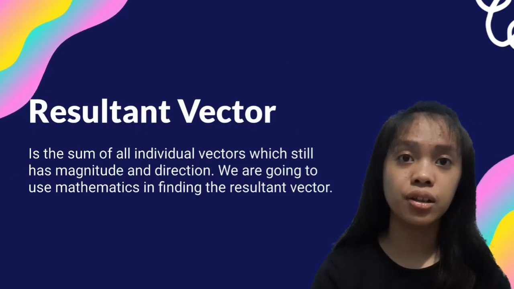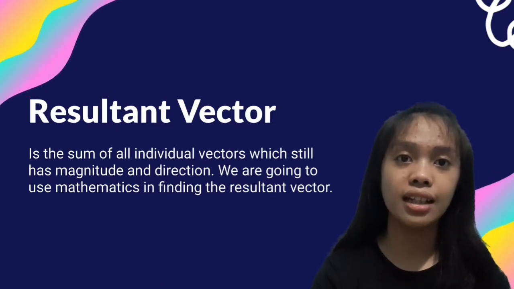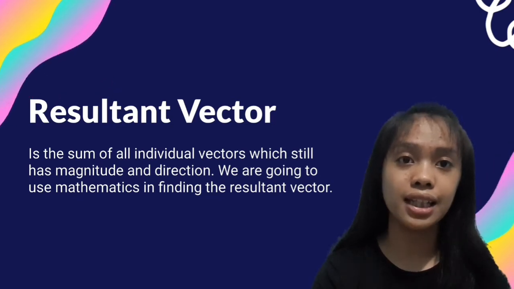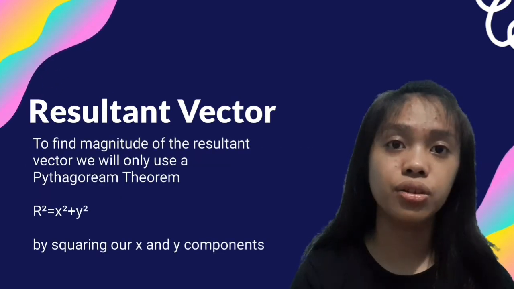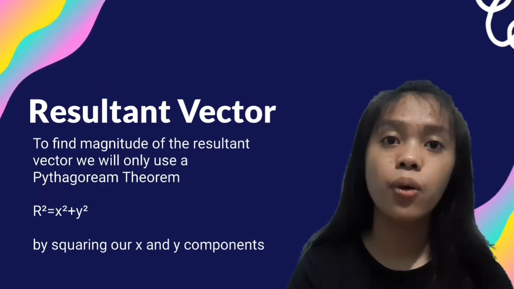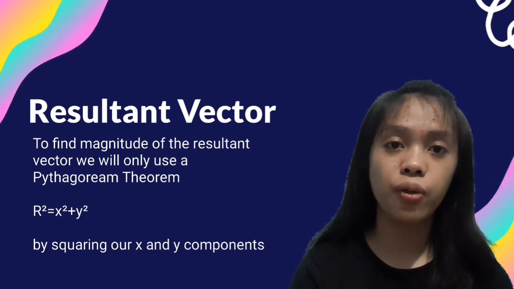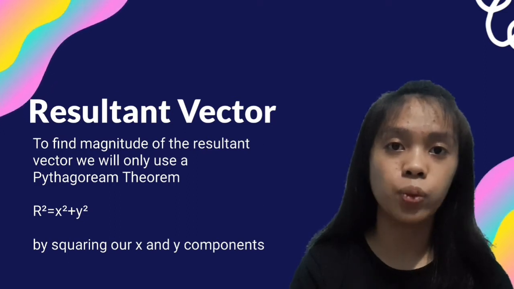The resultant vector is the sum of all individual vectors which still has magnitude and direction. We are going to use mathematics in finding the resultant vector. To find the magnitude of the resultant vector, we will only use the Pythagorean theorem. R squared is equal to x squared plus y squared.